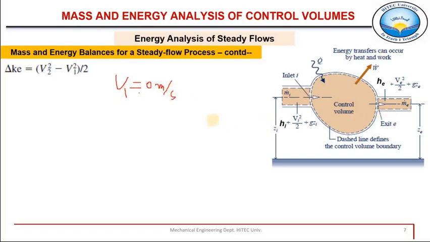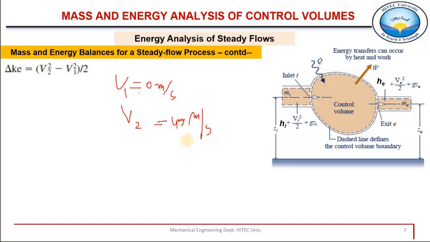And at exit, this V2 is, for example, 45 meter per second. That represents a very high change in velocity. Magnitude wise, it's a very big change from 0 to 45 meter per second.